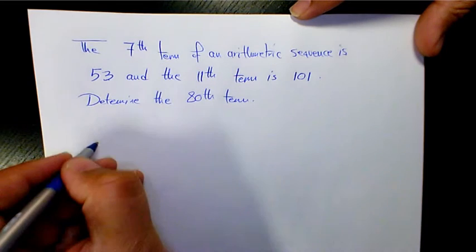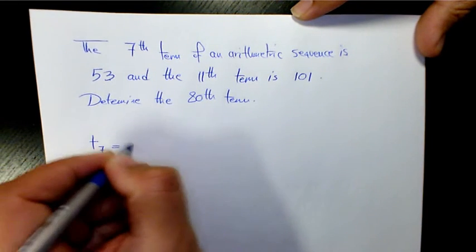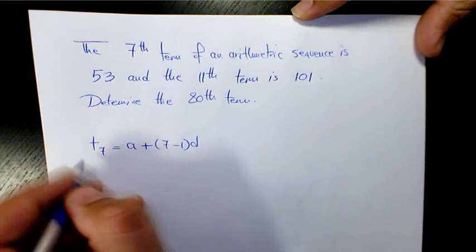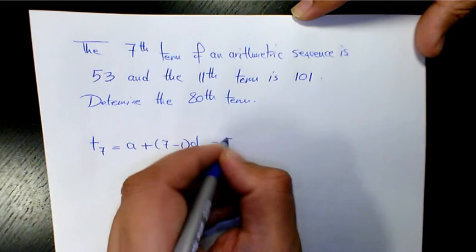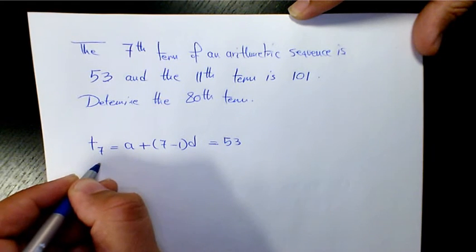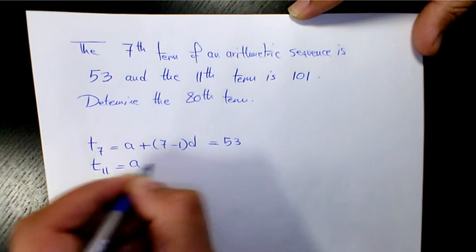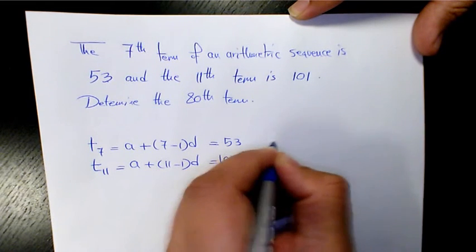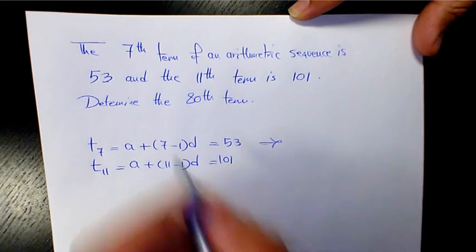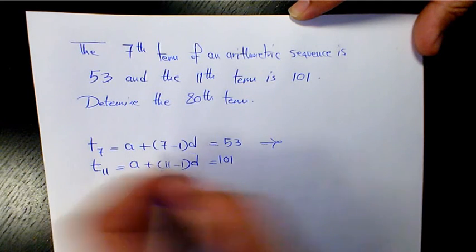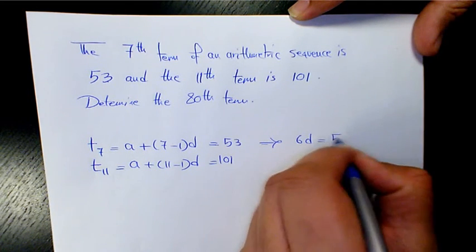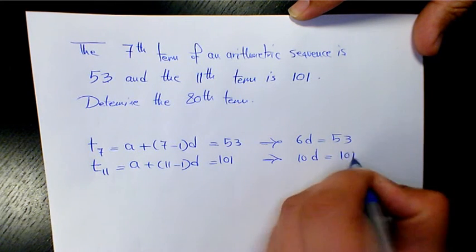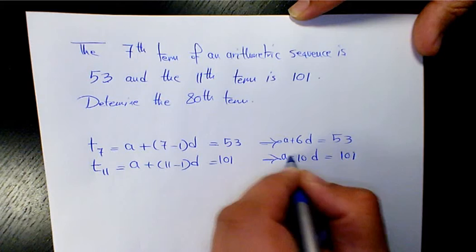So we're going to say T7 is A plus 7 minus 1 times D. That's going to be equal to 53. T11 equals A plus 11 minus 1 times D. That's equal to 101. If you simplify, A plus 6D equals 53 and A plus 10D equals 101.